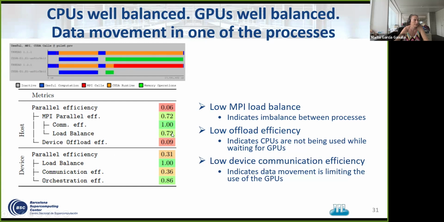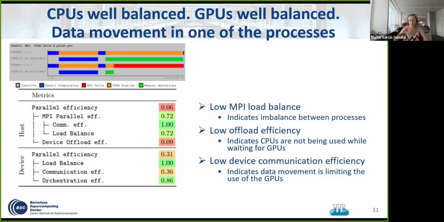That's why the host shows some load imbalance. There's also a low offload efficiency in the host because most of the time we are waiting just for the GPU to come back or to send data to the GPU. And the device parallel efficiency is quite low also, but in this case it has a good load balance, and the metric that is low is the communication efficiency.